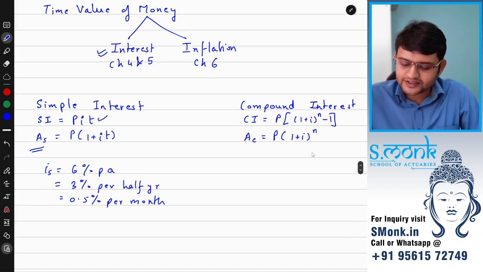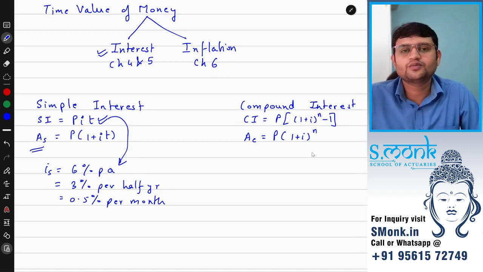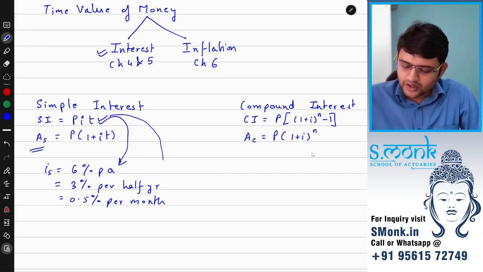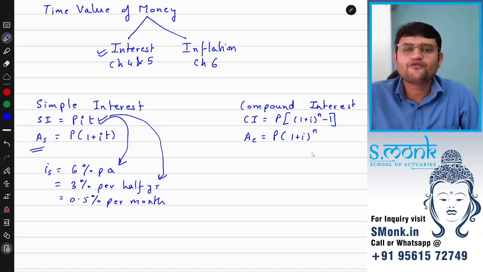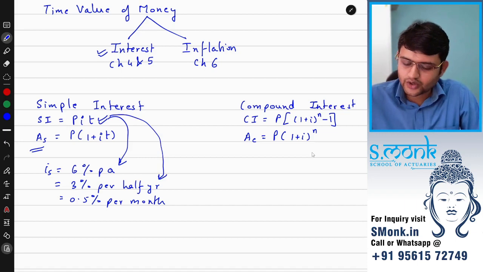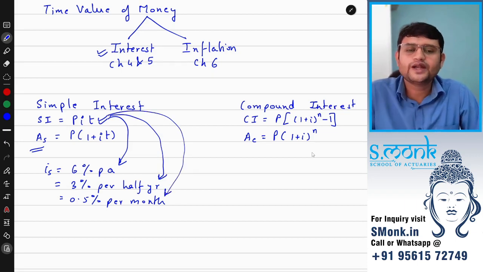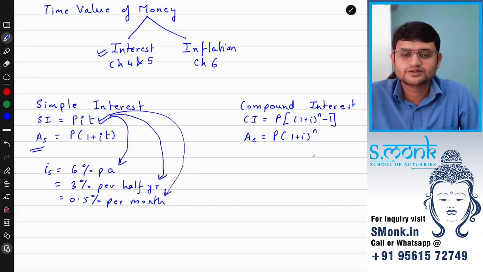And the time, that is T, here we will take per annum. So if let's say we are talking about 2 years, you can take T as 2, or you can take T as 4 half years. 2 years have 4 half years, or you can take them as 24 months. So you can have time according to whatever unit of rate of interest is.